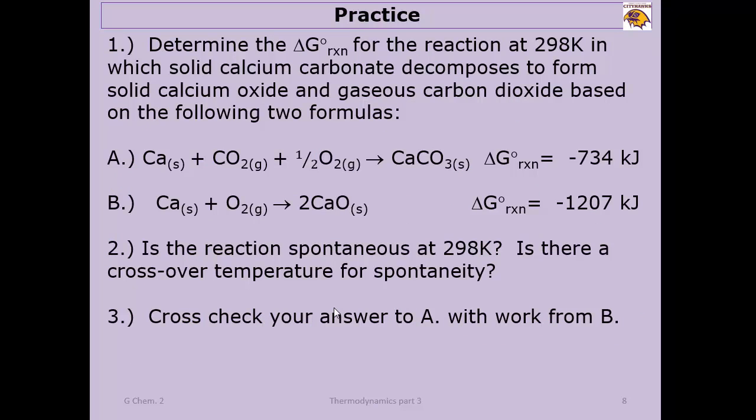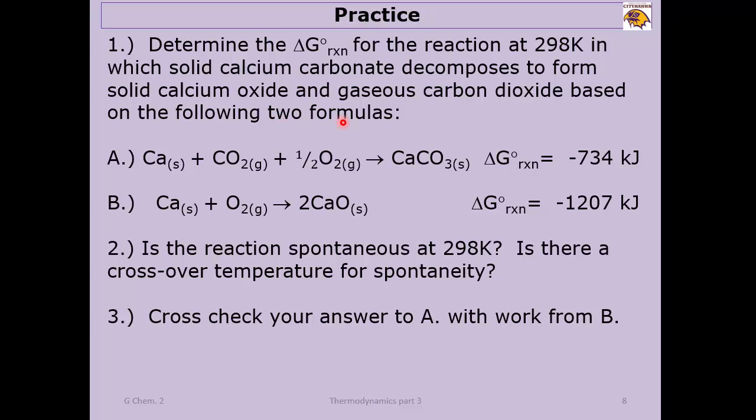So I'm going to give you an opportunity to practice. I'm going to ask you to determine the free energy for the reaction at 290 K, in which solid calcium carbonate decomposes to form solid calcium oxide and gaseous carbon dioxide based on the following two formulas. So the overall equation is actually given in this narrative.